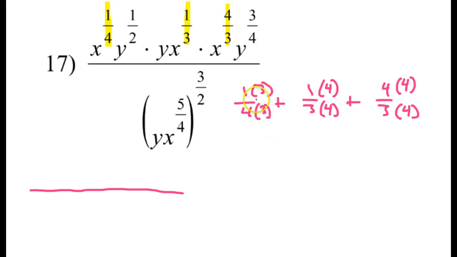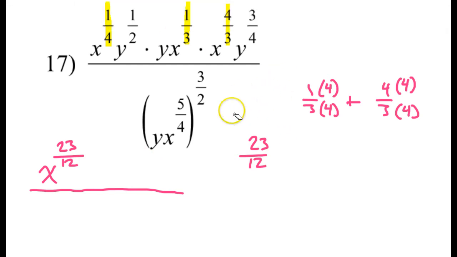Okay, so 3 plus 4 is 7. Okay, 16 plus 7 is 23. So that's 23/12. So I have x to the 23/12 power.